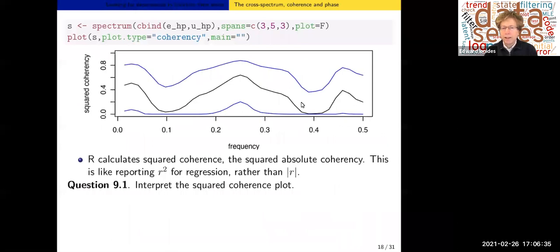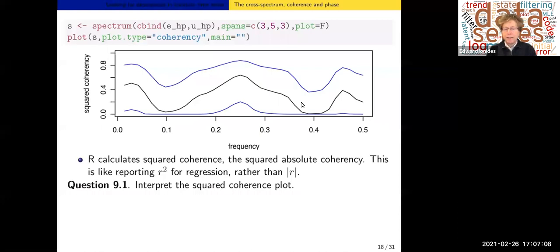We want to then construct the coherency and phase plots, which we do here, starting with the coherency. And R calculates squared coherency, which is formally squared absolute coherency, because coherency is a complex number. And this is very much like reporting R squared for a regression rather than R. So it's basically the square of a correlation. And let's see what this plot tells us.